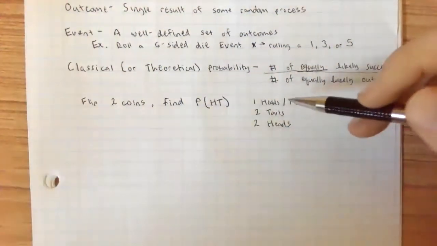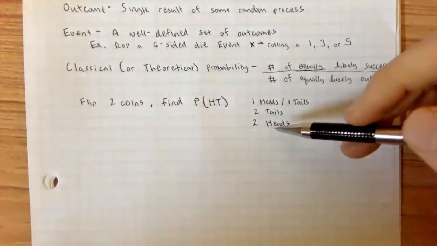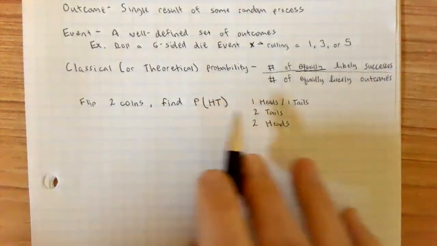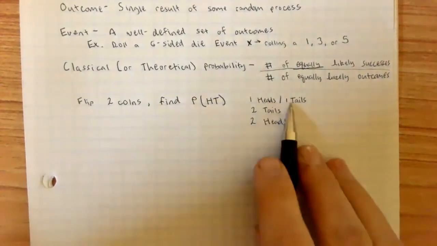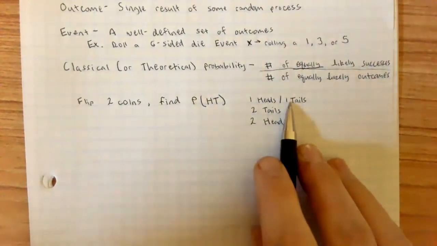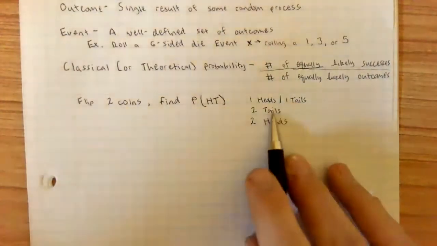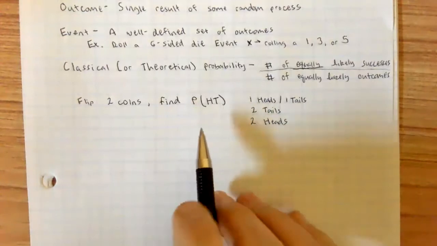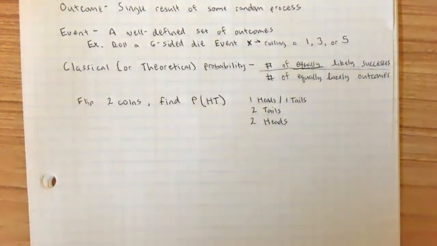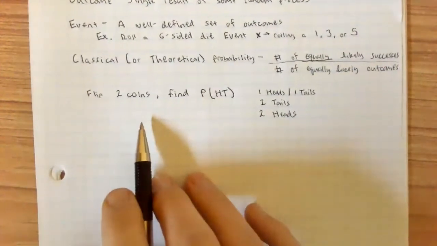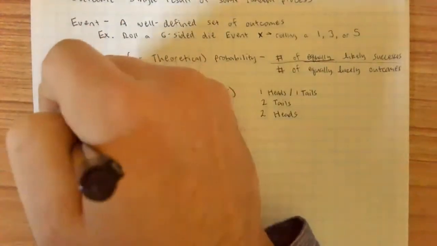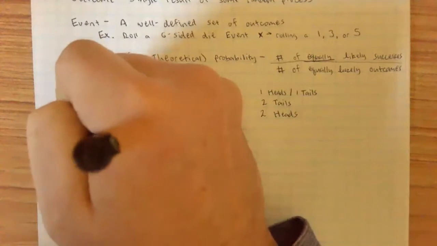Since there are three different possibilities, someone might have thought that the probability of getting one heads, one tails is 33%. That happens one time out of three, but that's not actually true. And what Cardano created, and how he was able to make a fortune on gambling to finance his medical degree, was this thing called the sample space.